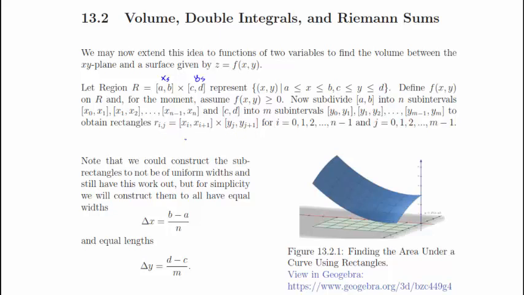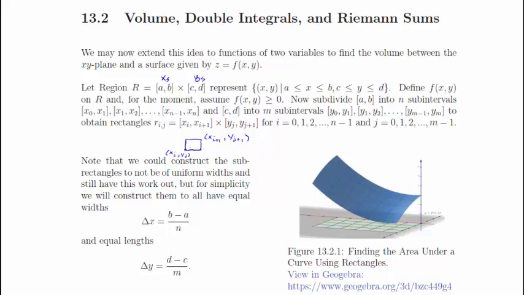So this is a rectangle that we're going to look at here where this point is x sub i, y sub j, and this is x sub i plus 1, y sub j plus 1 in the upper right hand corner.